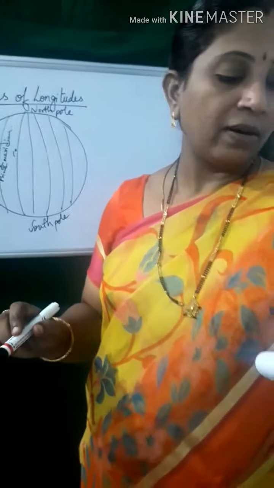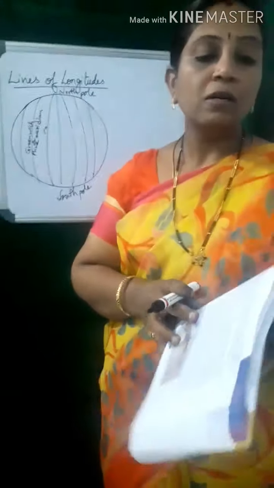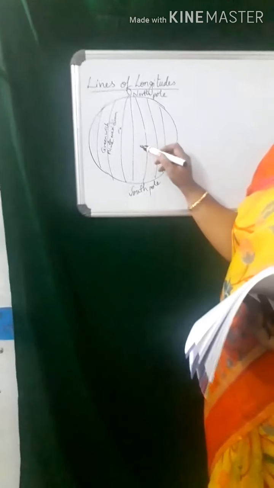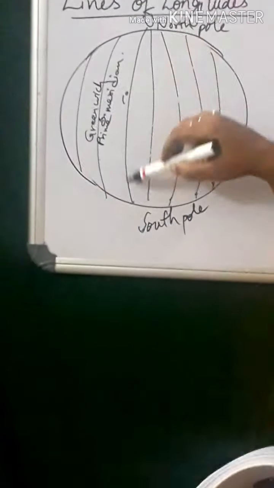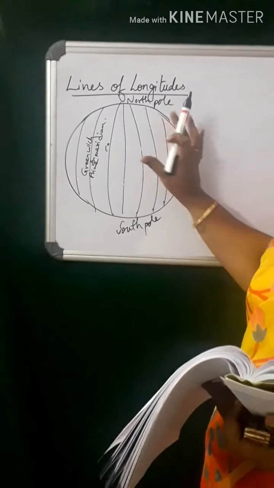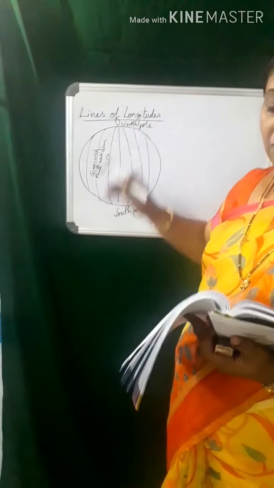The lines are farthest apart at the equator and they meet at the poles. You can see there is so much gap between one meridian and the other, and while they are going to the poles it is becoming very thin, very close to the poles.